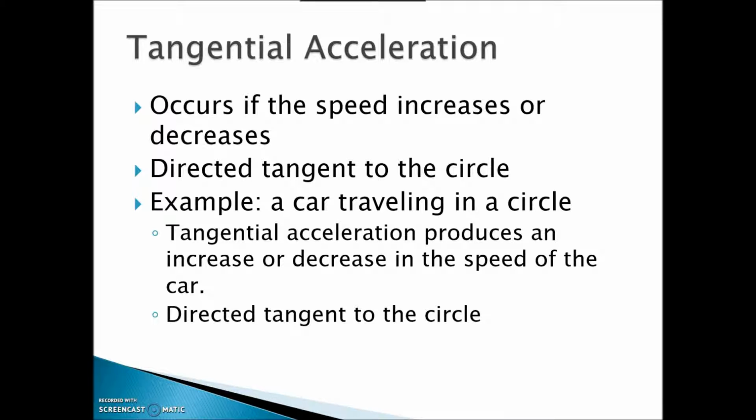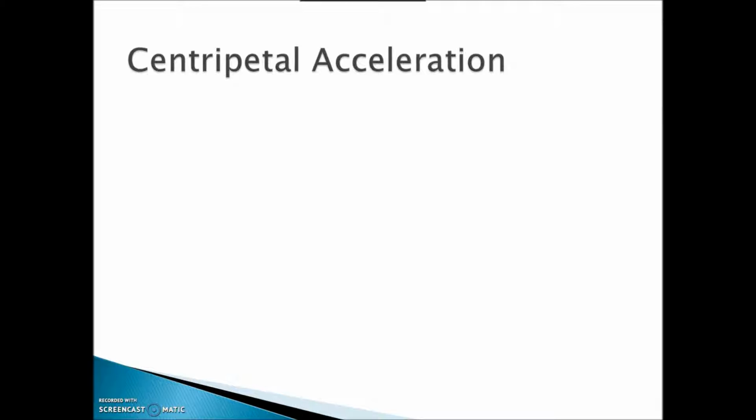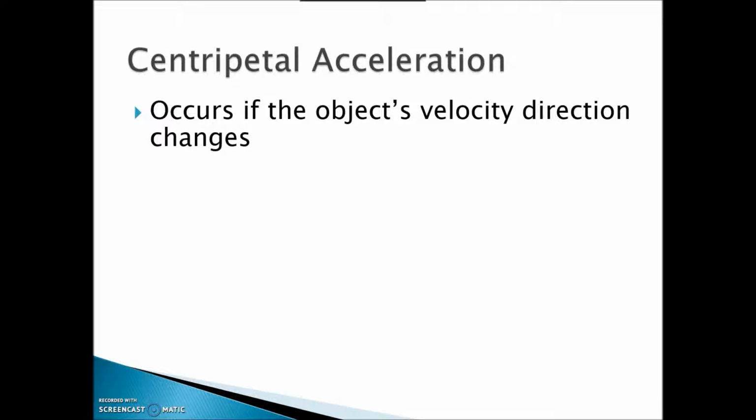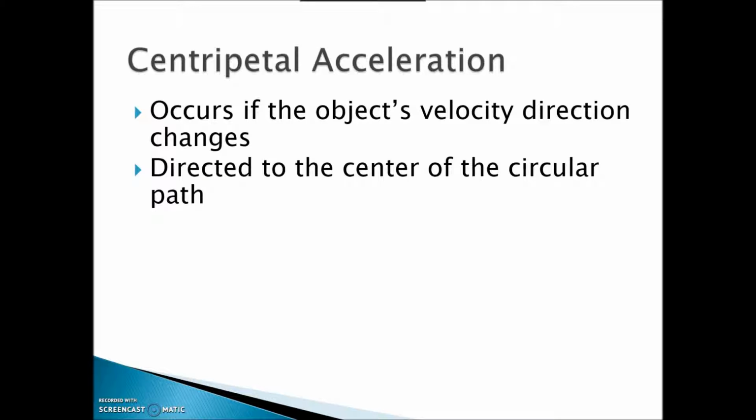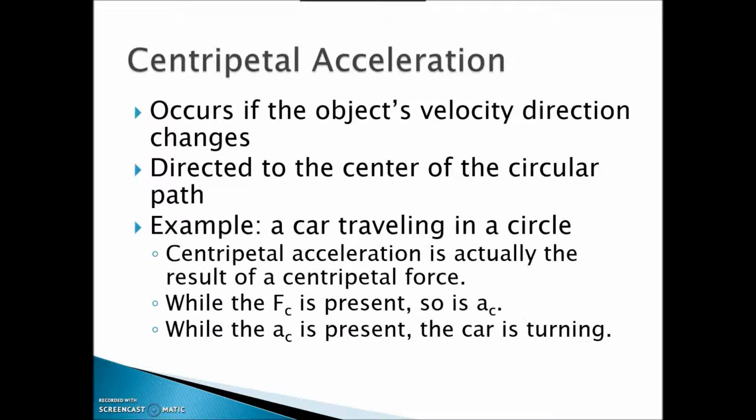The other acceleration is perpendicular to the direction of travel, which is the centripetal acceleration. This occurs if the object's velocity direction changes, and as we just saw, it's directed towards the center of the path. Recapping with the car traveling in a circle, the centripetal acceleration is actually the result of the centripetal force, which we're going to talk about in just a second.